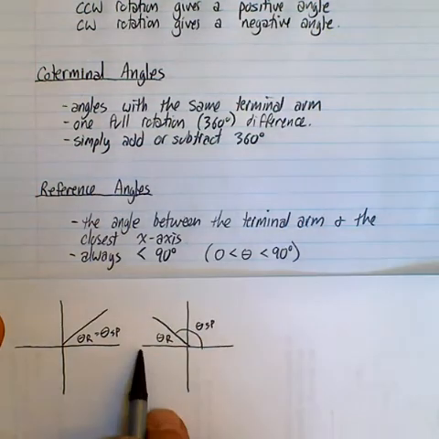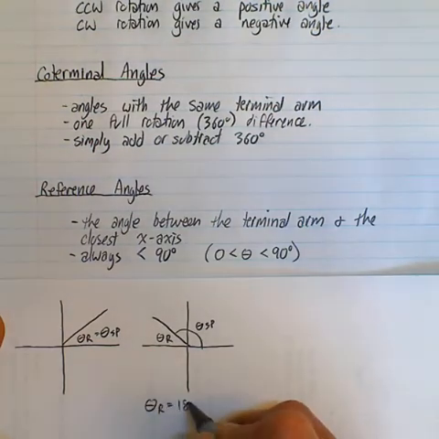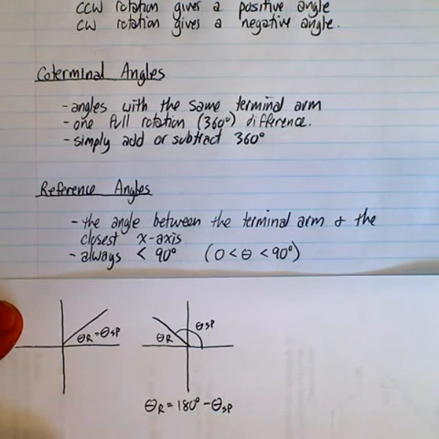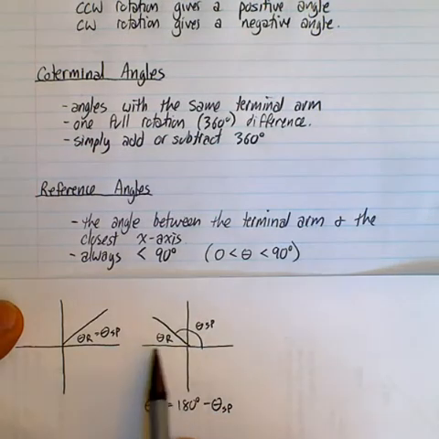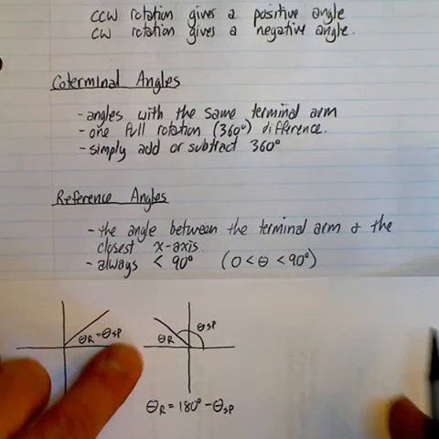And we know that this is 180 degrees. So your reference angle here would be 180 degrees minus your standard position angle. So the whole way is 180, take away this bit, and it's going to give you a reference angle.